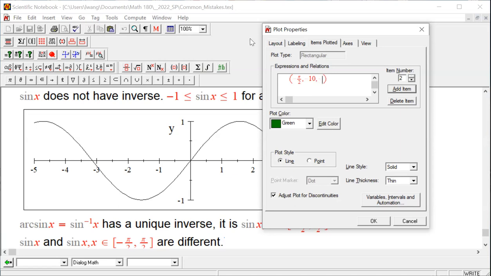Negative pi over 2. I'm sorry, I tried to make it faster; I forgot what was in the buffer. This is just a syntax, you don't have to know what I'm doing here. Between these two.